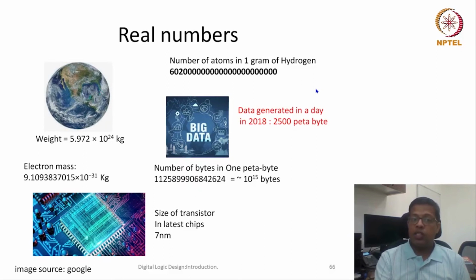Similarly, the electron mass or anything related to quantum is quite small. So the summary of this slide is, I would like to represent very large numbers like 10^50, 10^30, and also very small numbers like the mass of electron.